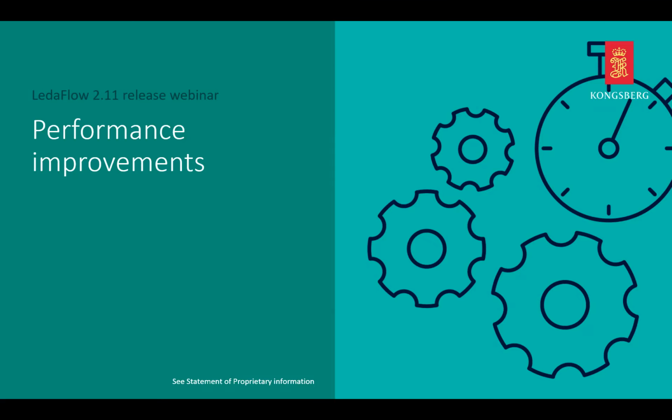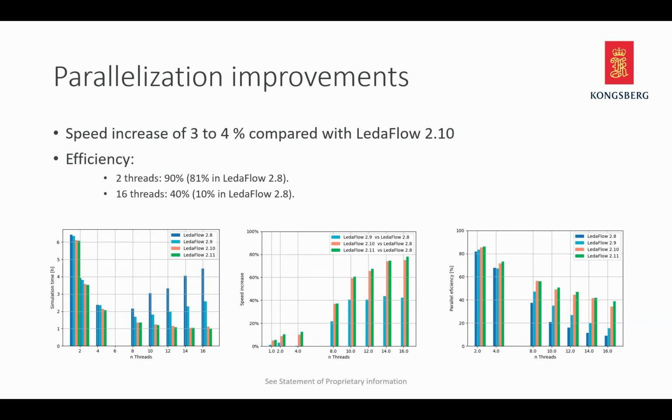After these model improvements, I would like to mention some improvements on performance, because the parallelization has been improved for slug capturing cases that are using the new solver. That is something that we always work on. So during simulations, LedaFlow divides some computational calculations into parallel threads for faster processing. And we analyze how the equations are evaluated and solved in parallel, targeting those with lower efficiencies.